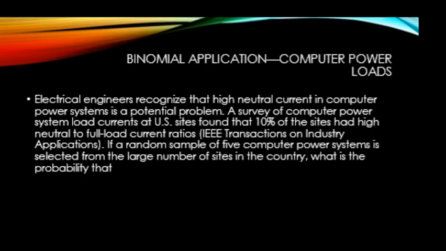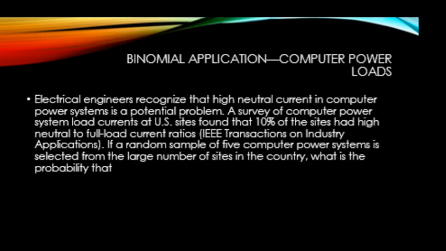Okay, now let's look at this example and then use the probability distribution and the mean and the variance formulas. Here's an example. Electrical engineers recognize that high neutral current in computer power systems is a potential problem. A survey of computer power system load currents at US sites found that 10% of the sites had high neutral to full load current ratios.